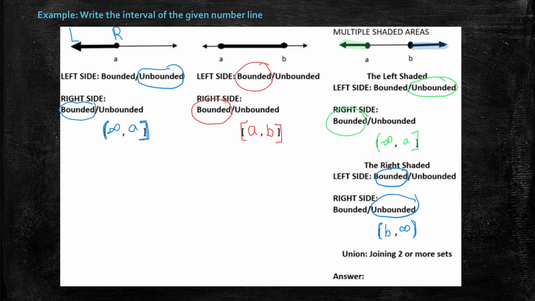Now when you have two or more intervals, you're going to combine them with this union symbol. We've talked about this before, but we're just refreshing your memory. So your final answer would be from negative infinity to A, union B to infinity.